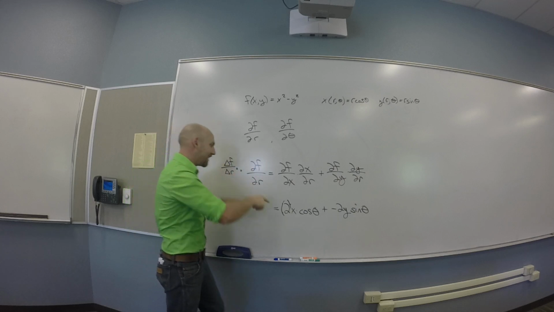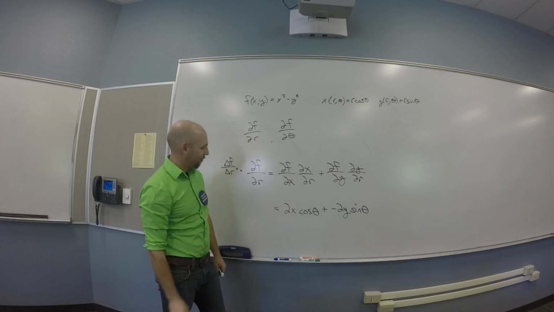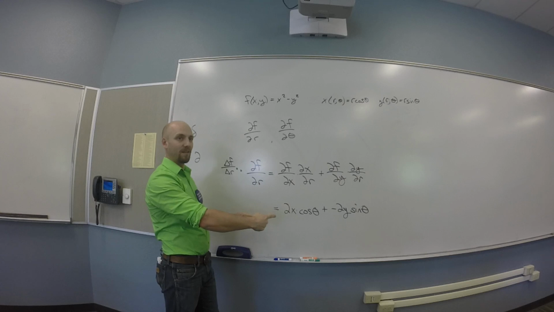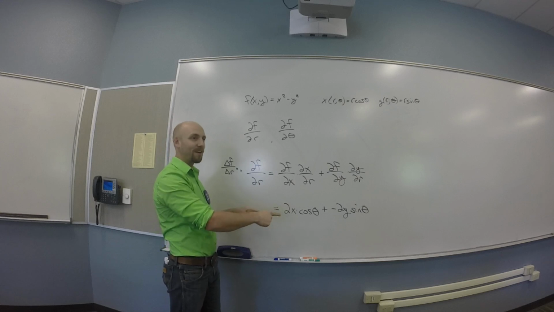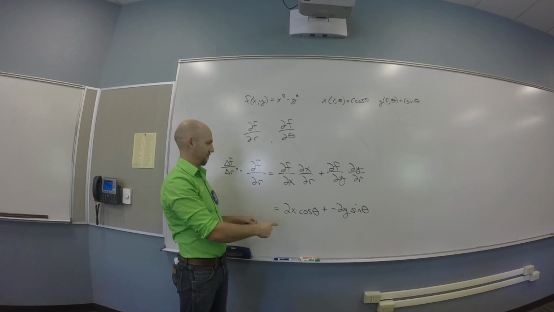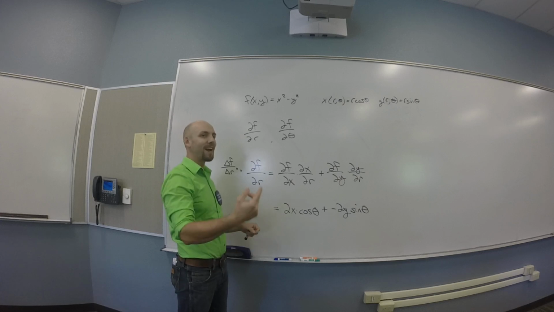And wait, at the end here, what else should I do here? I can simplify a little bit because 2's are on each side. Yeah. I would say do parentheses x cosine theta minus y sine, or you can factor the 2's out.